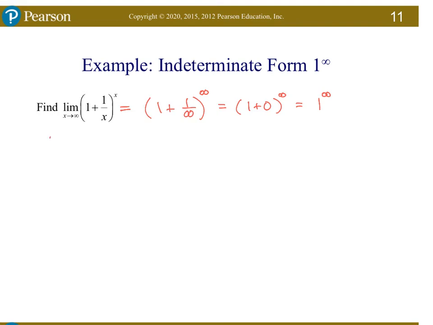So we start out this way. I'm going to set this problem equal to the letter L to stand for the limit work I'm going to do. Then I'm going to do an ln in front of both of those. So an ln in front of this one and an ln in front of that. That allows me, oops, I switched the order. Let me fix that.